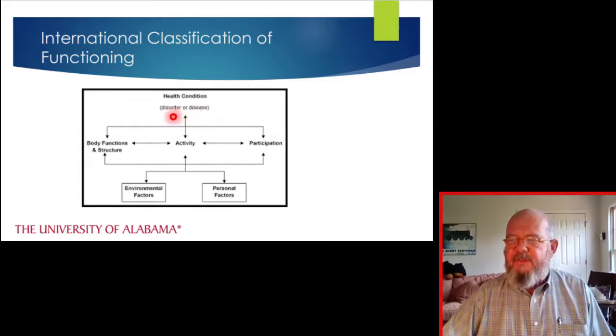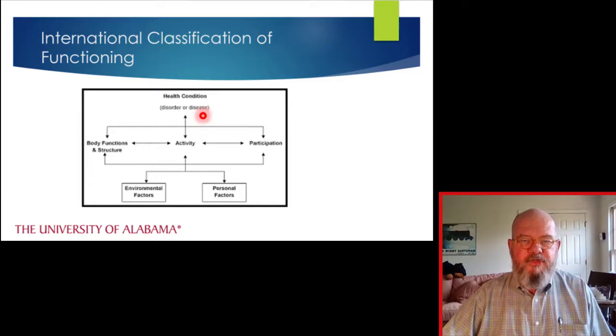So this would be the disorder or disease of the child. You might think about it as the impairment or the disability of the child. This interacts with what activities the child is involved in, and or has opportunities to be involved in.